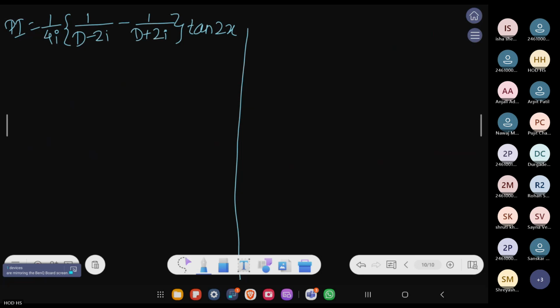So I will write down my particular integral as 1 upon 4i times, so that I can take that outside, 1 upon D minus 2i minus 1 upon D plus 2i times tan 2x. I'm just substituting the values in this equation. Here, I'm rewriting this expression as that one.